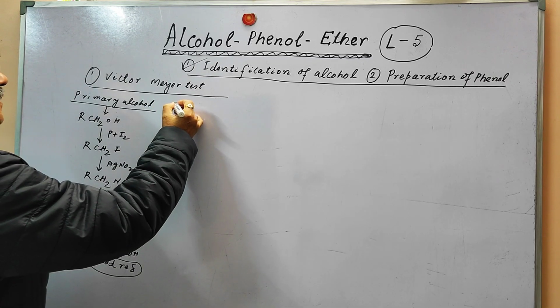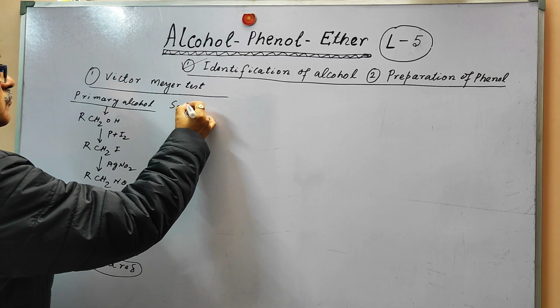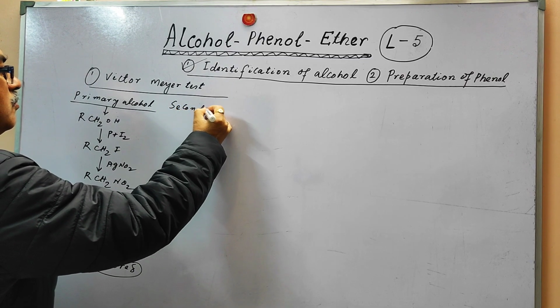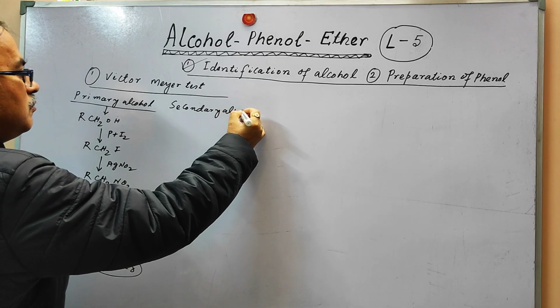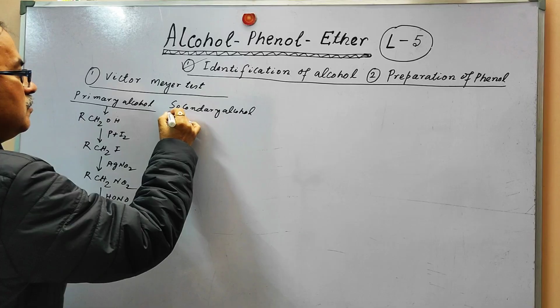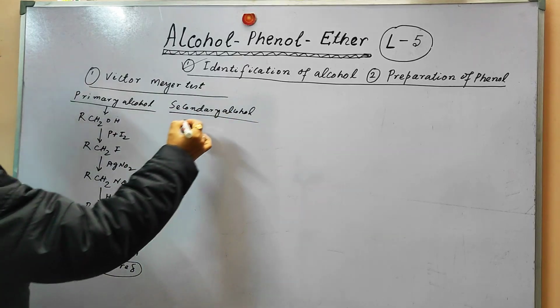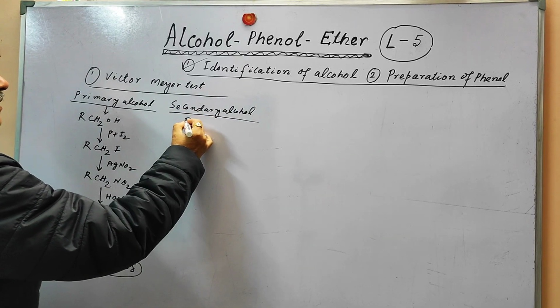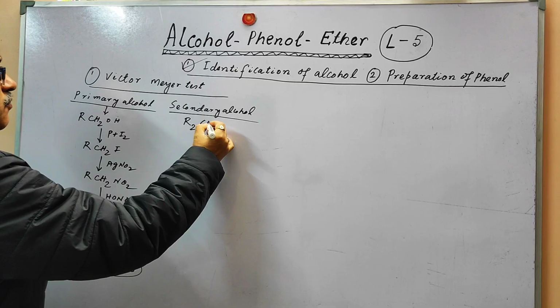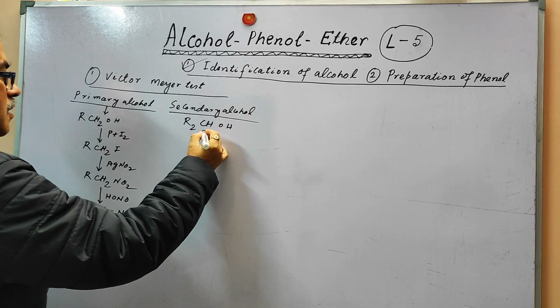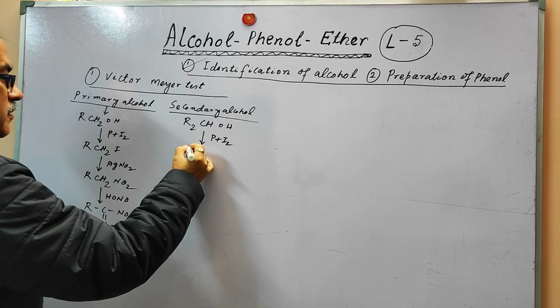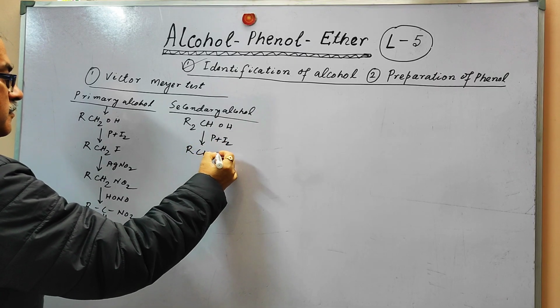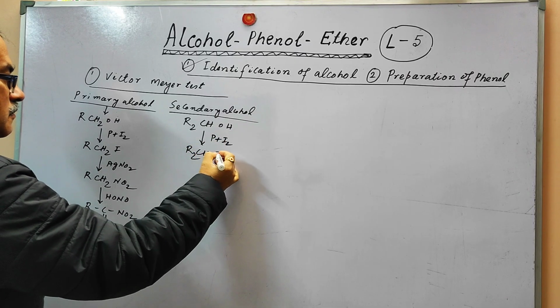In case of secondary alcohol, the reaction will be the same. Secondary, we know this is the formula of the secondary alcohol. After this, phosphorus plus iodine, it is going to prepare the alkyl iodide.